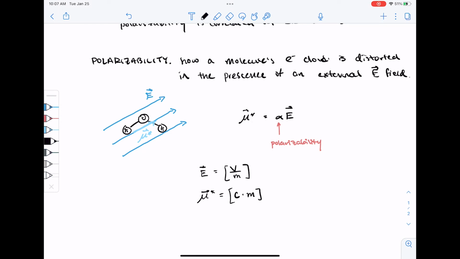And in order to get these two units to equal, alpha, or polarizability, must have units of, let's see, volts goes on the bottom, meters squared on top, and coulombs on top. Alpha will have units of coulomb meter squared over voltage.